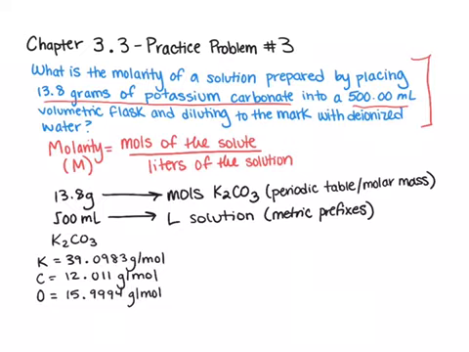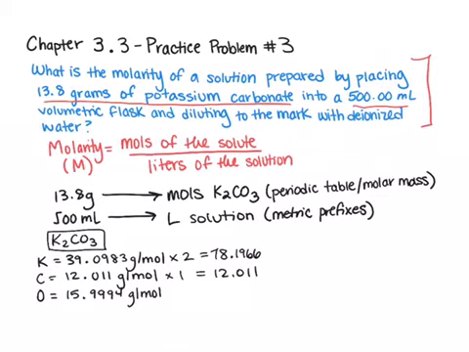So if you look at our compound here, you can tell that we have 2 potassium atoms. So I'm going to multiply the molar mass by 2 to get 78.1966. Carbon, we only have 1 in the formula, so I'm just going to multiply that by 1. So that is 12.011.